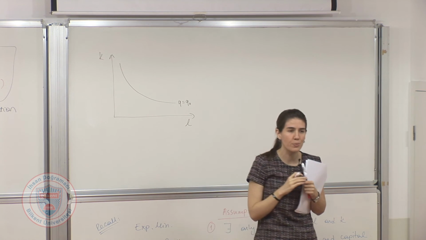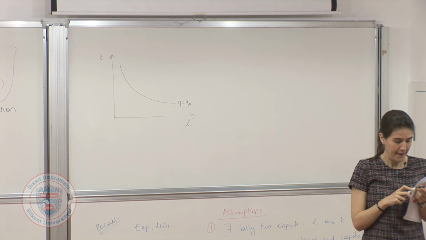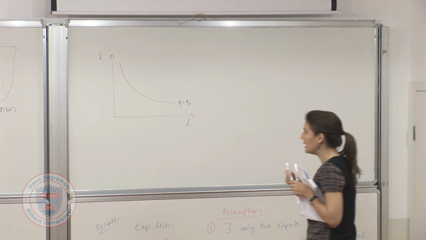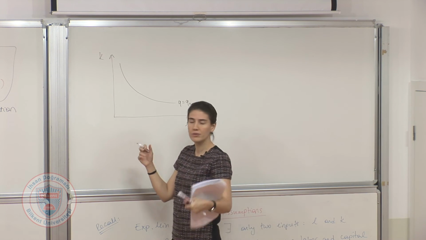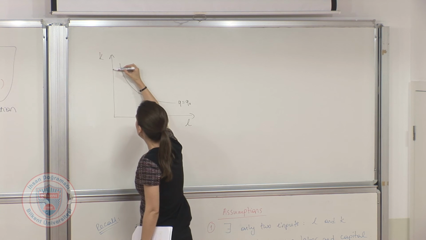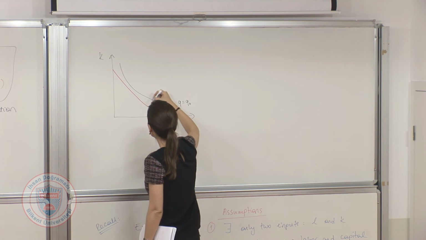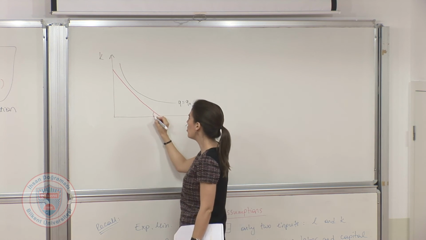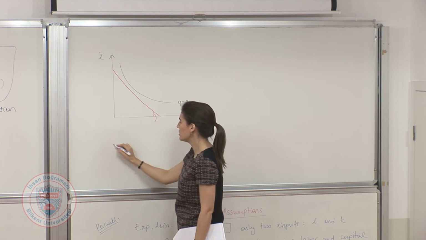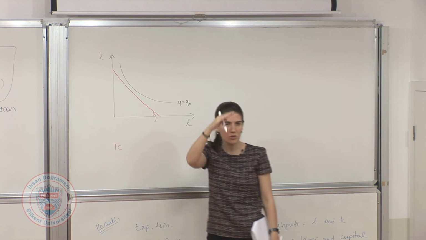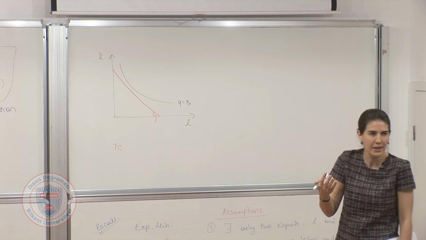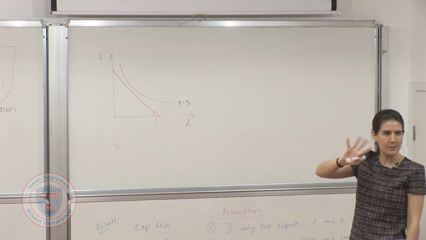Suppose I would like to produce Q0 units. What I'm looking for is the minimal cost, right? So I'm going to call this total cost. It's like the budget line, but it's like the expenditure, right?